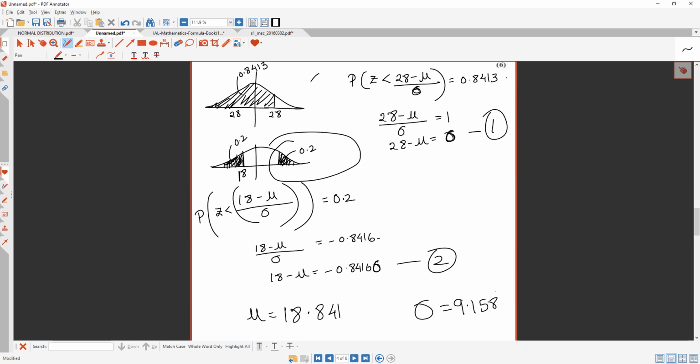Everybody got the same values? No, mine is different. Okay, Aisha, what did you get then? Mu is 22.57, sigma is 5.431. What about you, Imu? Mu is minus 35.13.